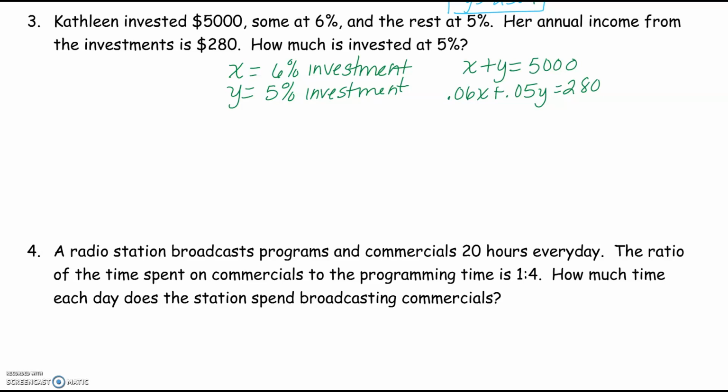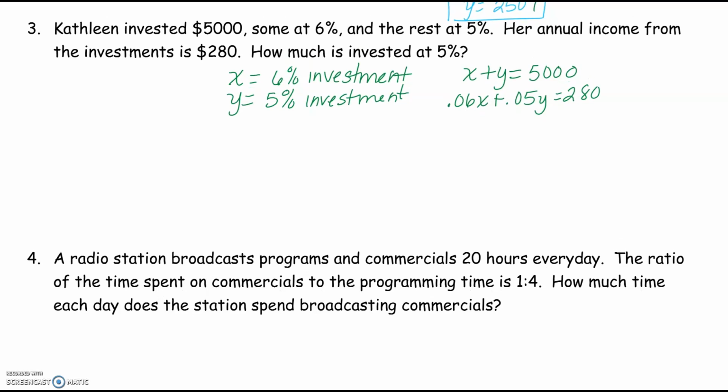We're going to solve the first equation in terms of x. So I'm going to get x plus y equals 5,000. I'm going to subtract y and get x equals 5,000 minus y.